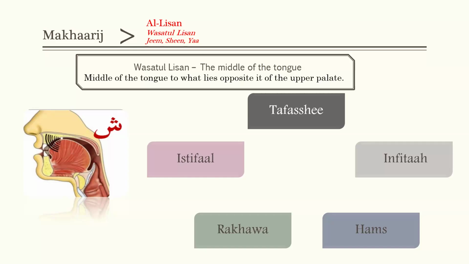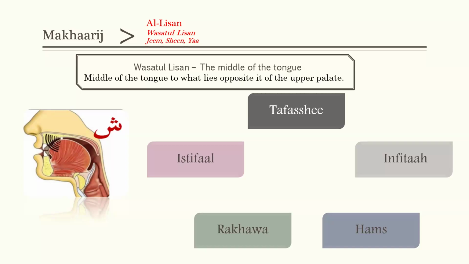Now, the entire tongue to the entire palate, the whole space, is giving it the sifa of tafashi, spreading, because it has a wider articulation point. The sound spreads in your entire mouth, kind of a thing.